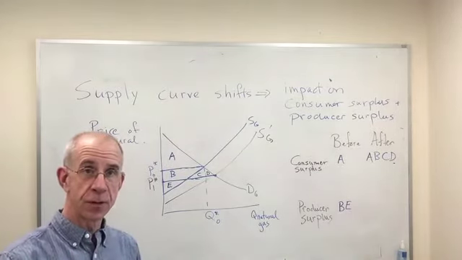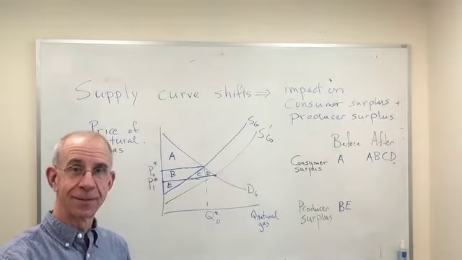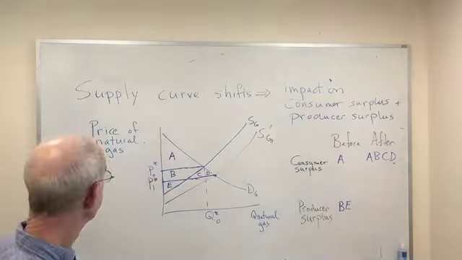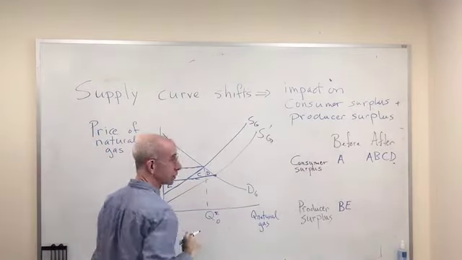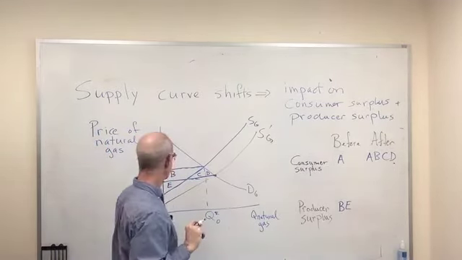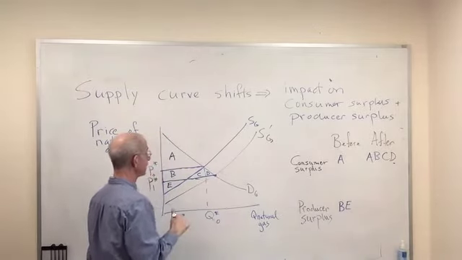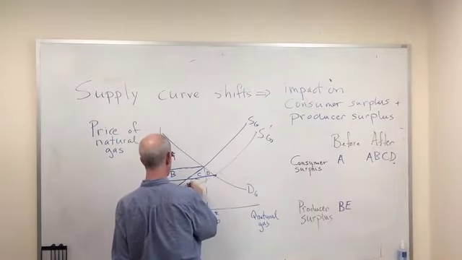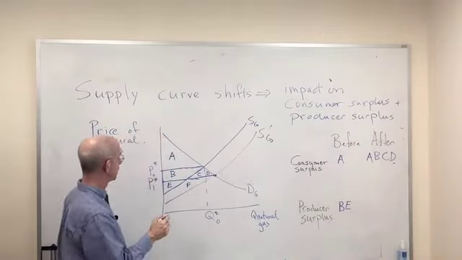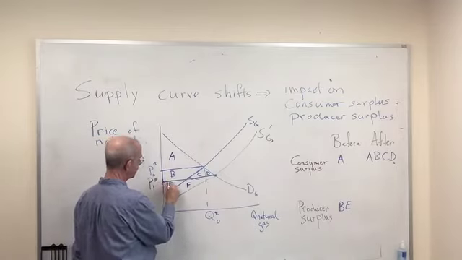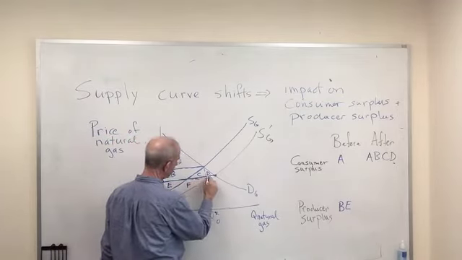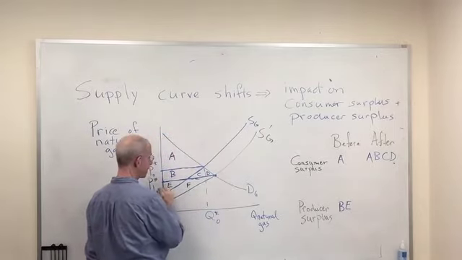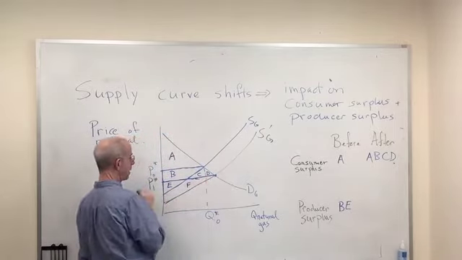After the technological change, after the supply curve change, we have a whole new situation to analyze, because we can't use that old supply curve to calculate the producer surplus. We have to look at the new one. So for the new situation, we've got a price equal to P1 star, you go over to the price and down.